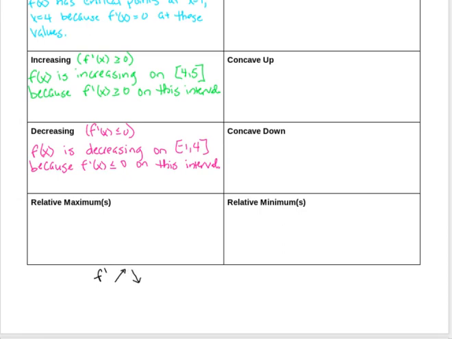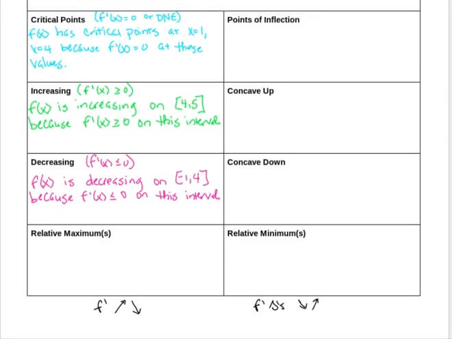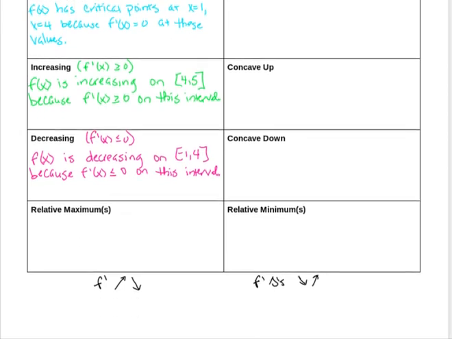If the function changes from increasing to decreasing, then we know that the function has a relative maximum. If f prime changes from negative to positive, in other words, the function changes from decreasing to increasing, then the function has a relative minimum. Well, then let's take a look at where f prime crosses the x-axis.